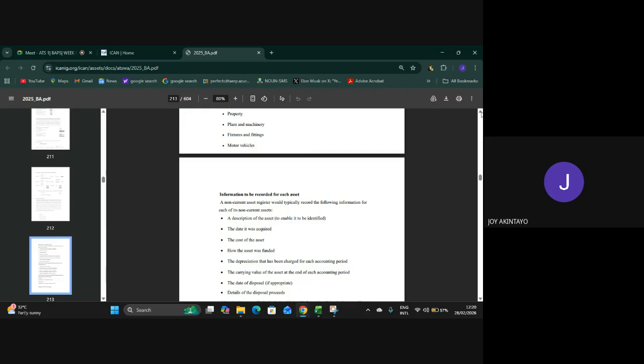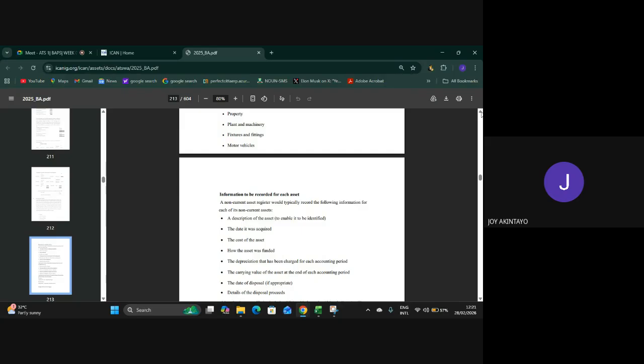Then how do we fund this? How do we get it? Do we borrow money to buy this asset, or was it funded with our own cash? You have to state it. Then the depreciation charge for each accounting period will be needed.